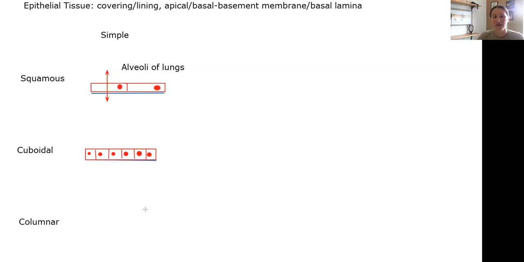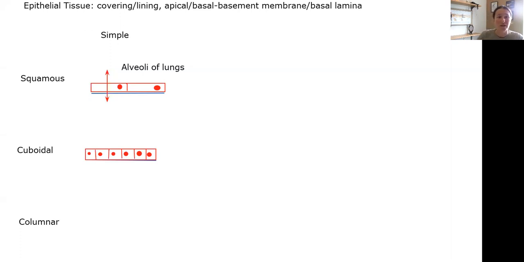And so what we can see with simple cuboidal tissue is that now there is more cytoplasm, more space inside the cell, and therefore more organelles than there would be in the squamous tissue. And so what this means is that there's a lot more potential for these cells to actually be making stuff and either secreting or absorbing stuff as well.